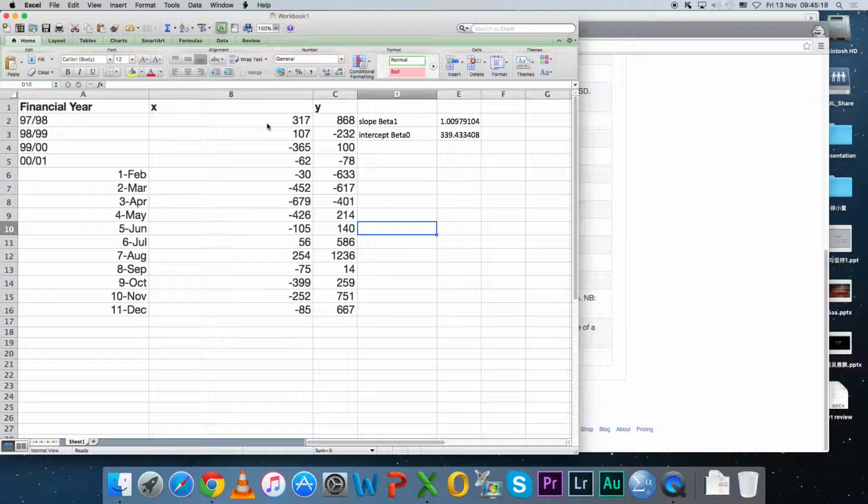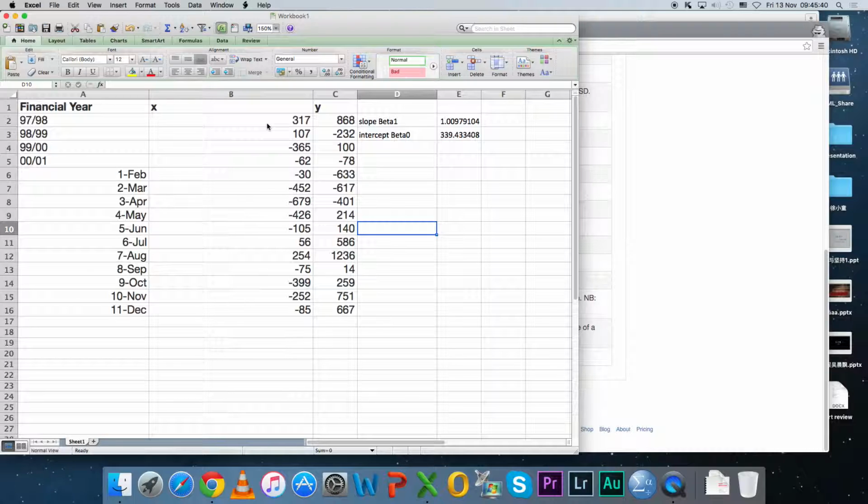Therefore, if the estimated surplus equals 0, the predicted y should be equal to 39.4 million. Okay, this is the interpretation of the intercept.